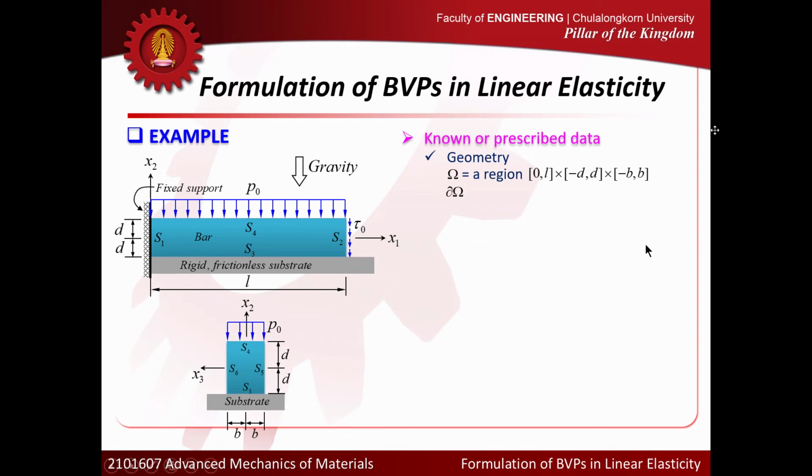If we look at the body carefully, the boundary can be decomposed into six subsurfaces, S1 to S6. S1 is the boundary associated with the left end, S2 with the right end. S3 is the bottom of the beam, and S4 is the top of the beam. S5 and S6 represent the side faces of the beam.